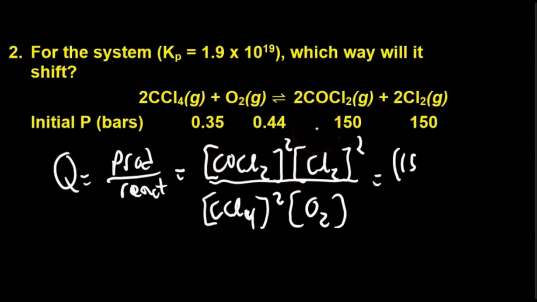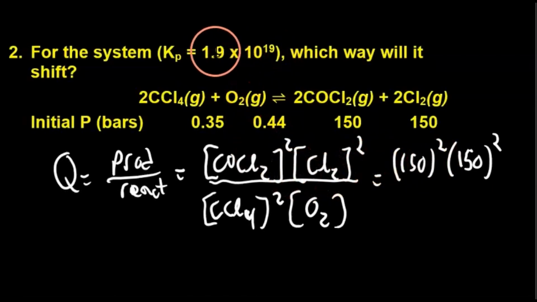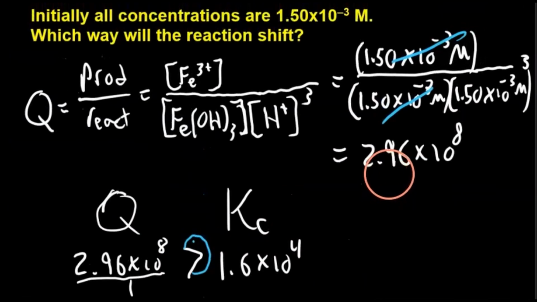This is 150. Now, I'm not going to plug in the units, and you might say, Terry, you're the biggest person to say always put in your units, but these equilibrium constants and Q constants are actually unitless. So actually, if we go back a minute, I think this is important.